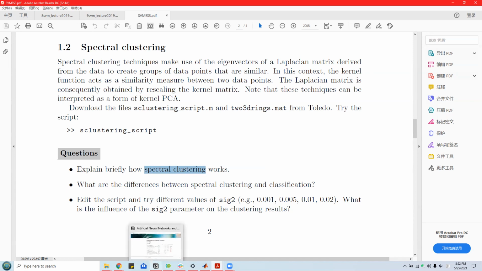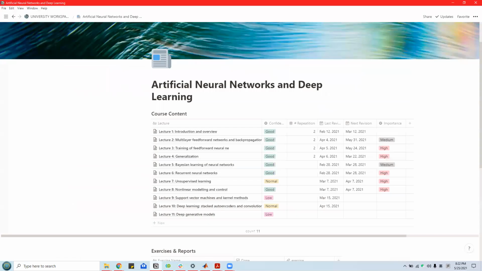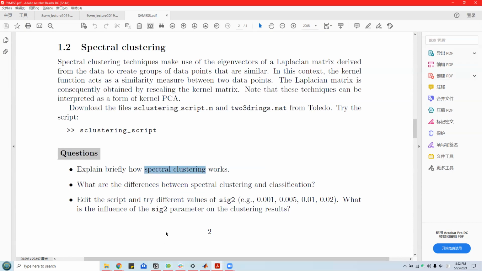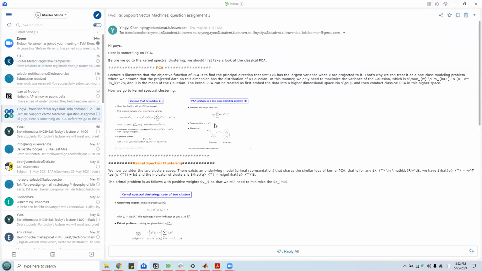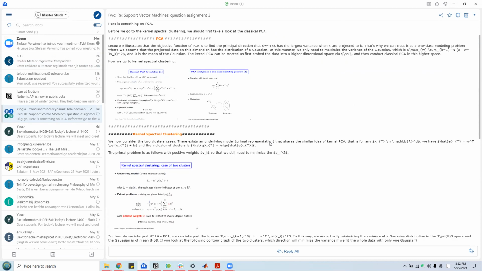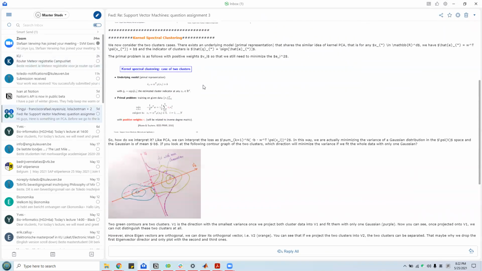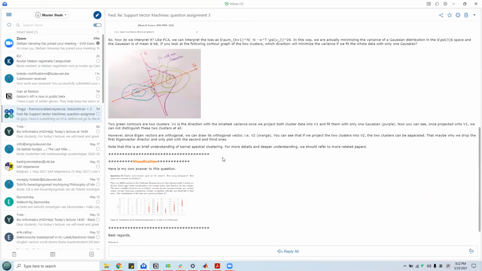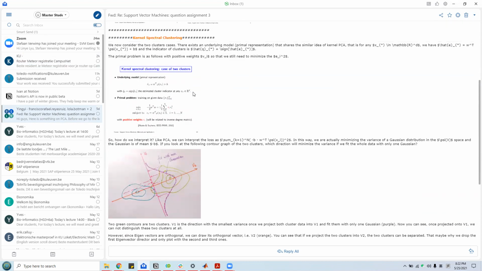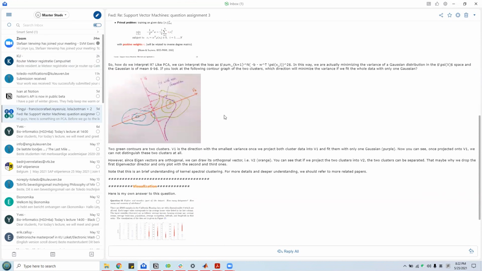During the exercise session, one of the TAs sent us some materials with a hint about this, which is a question that has been asked before, and specifically talked about kernel spectral clustering, suggesting that you maybe need to refer to this.